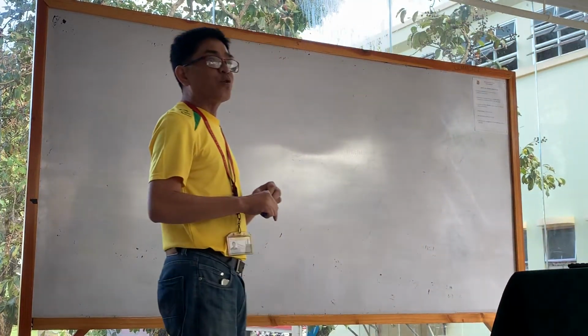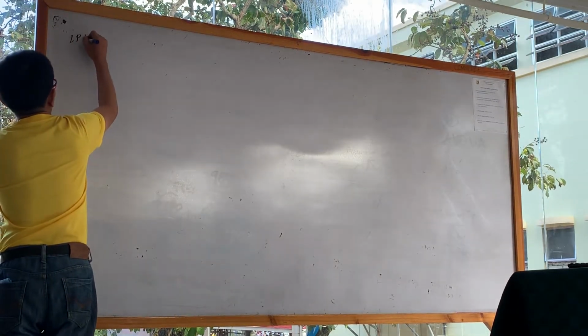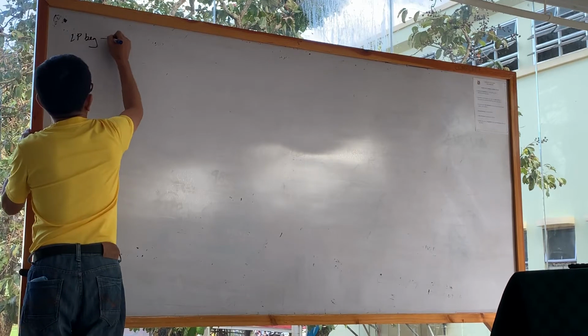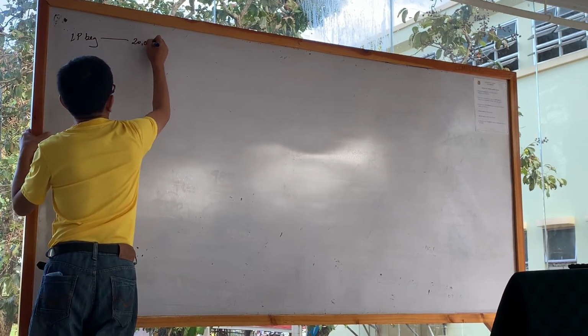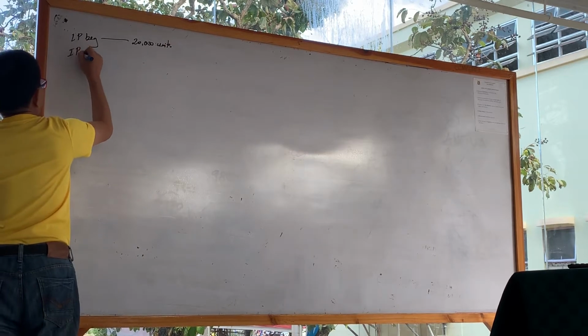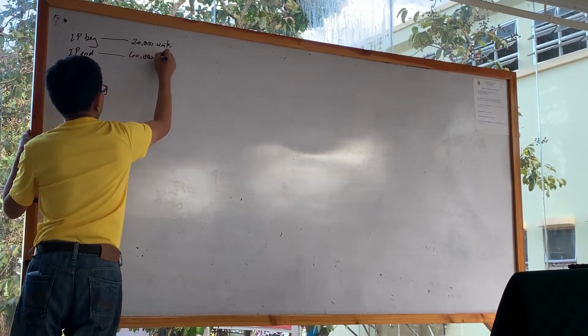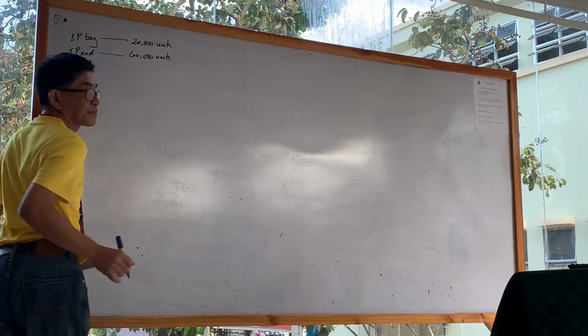Let us have the following information. In process beginning, 20,000 units. In process ending, 60,000 units. Okay?